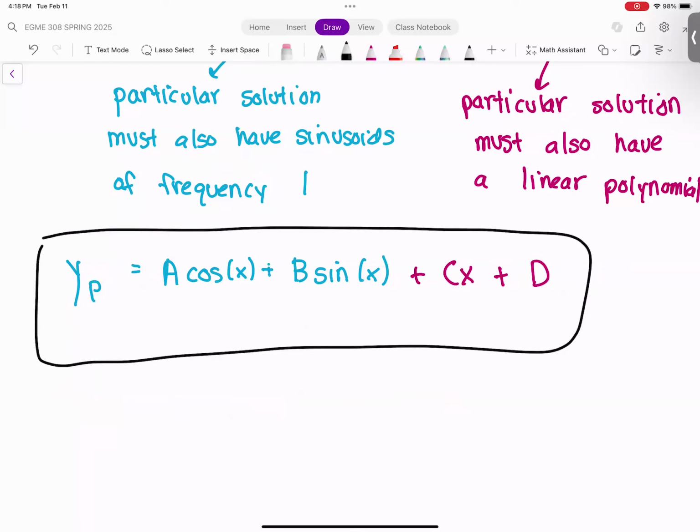Okay, so that's right here. That's our guess for our particular solution. There are 4 undetermined coefficients.